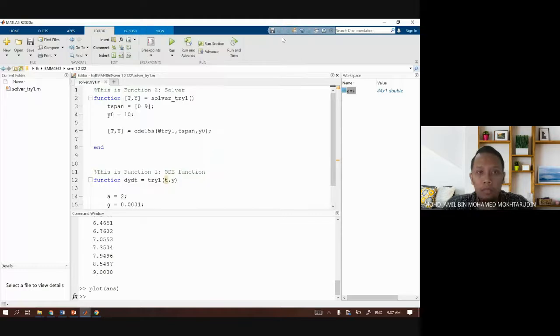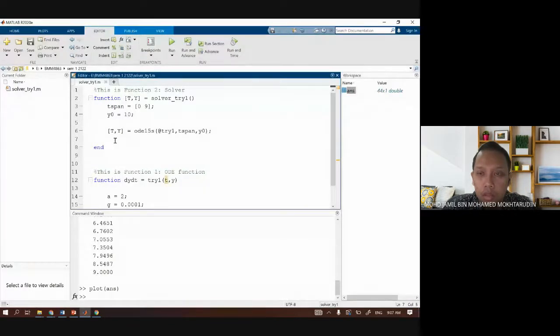The best way to run this code is not using this run button.